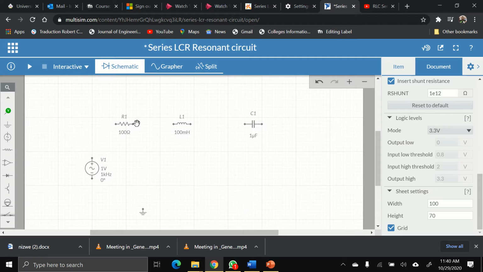Now we have to connect the circuit. I will keep the cursor over one end of the resistor. When this symbol comes, we have to drag.